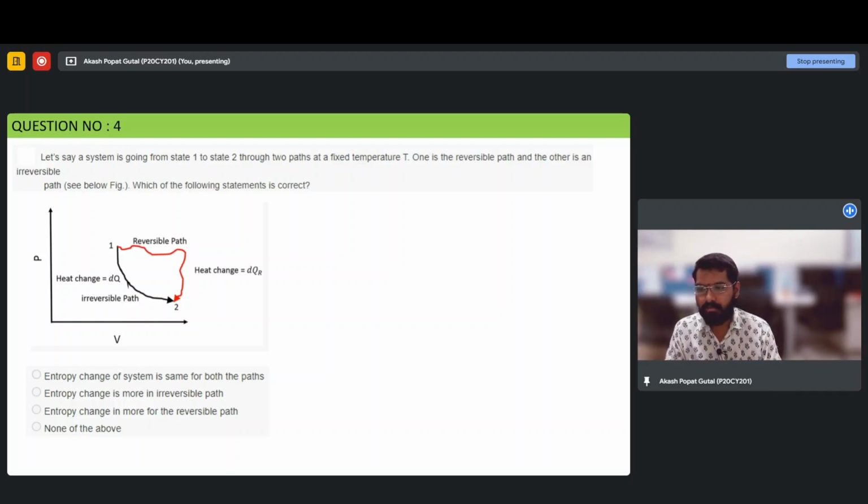Entropy change is more in the irreversible path. Entropy change is more in the reversible path. None of the above. So take 2-3 minutes to solve this problem.